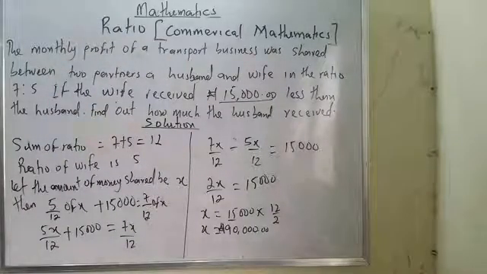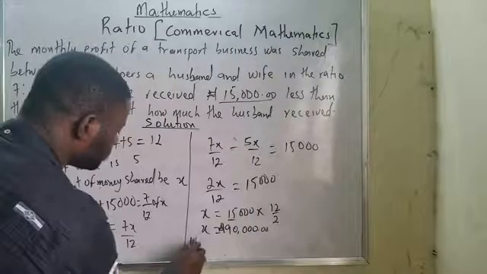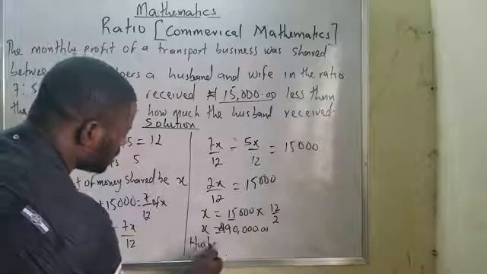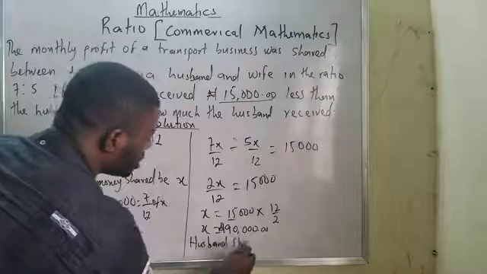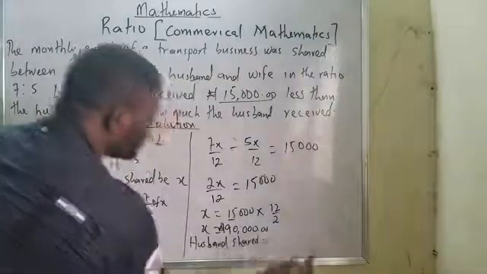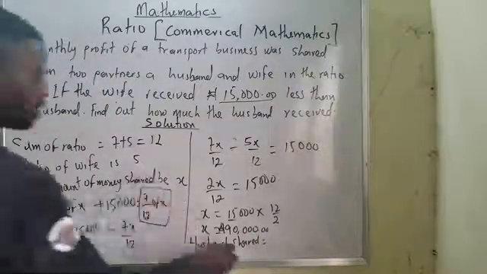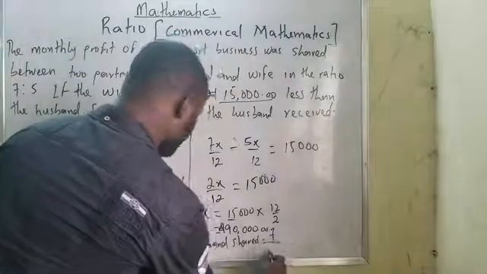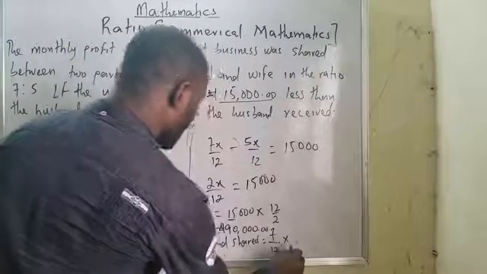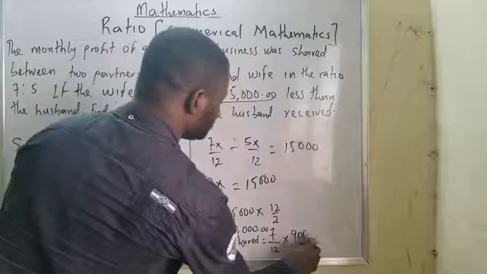Now to generate the husband's share. Husband's share will be equals to, don't forget, this is the husband's share, 7 over 12 multiplied by 90,000.